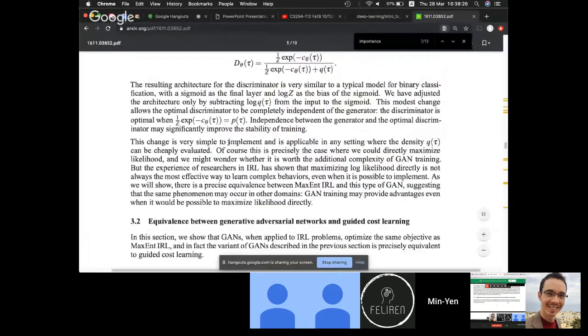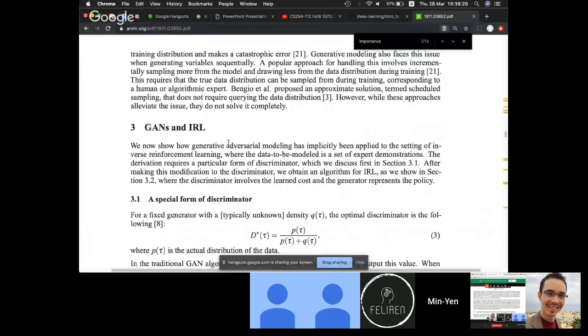So there's a part in the original paper that we were just looking at, where we want to show that GANs can be applied to inverse reinforcement learning.